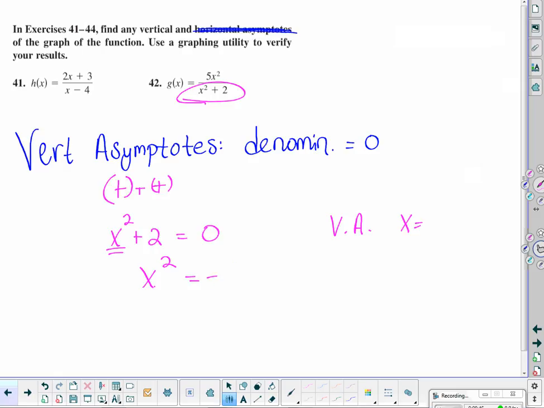And if I even tried to solve this, I'm trying to come up with x squared equaling -2. Say you even take it one step further and you get plus or minus the square root of -2. This involves imaginary numbers, and our calculus program is solely dealing with the real numbers. So no, there are no vertical asymptotes in this problem.